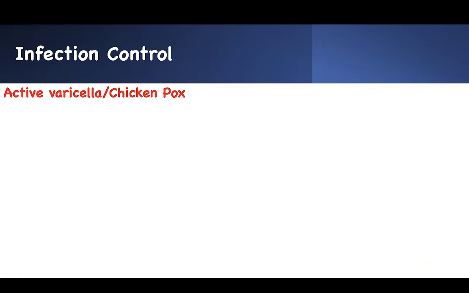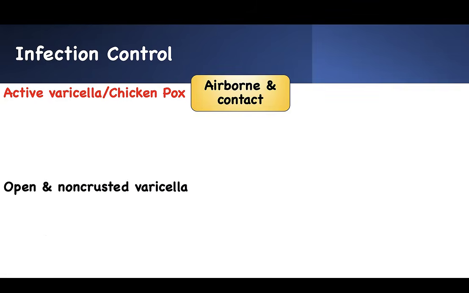We know it's airborne, but because the vesicles contain what? Viral infection, and you have all those vesicles, which is active varicella and chickenpox, you have to institute airborne in addition to contact. That's all. Airborne and contact to active varicella and chickenpox.